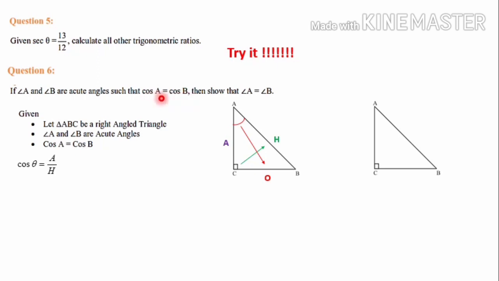Here, based on cos A, I have marked this triangle. My angle is A, so based on angle A the opposite is this one. Next, cos B is given to you. So again I have to draw a right angle triangle, and based on B I have to mark the H, O and A.